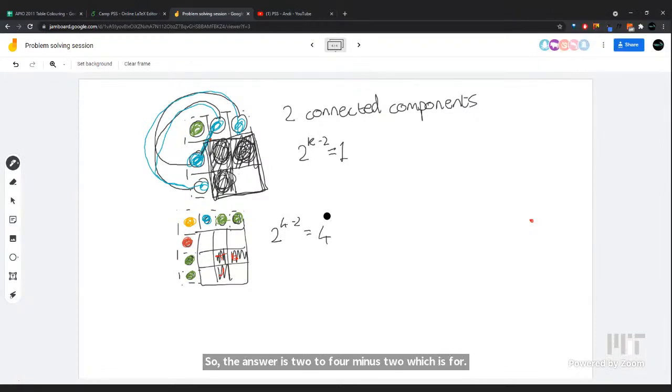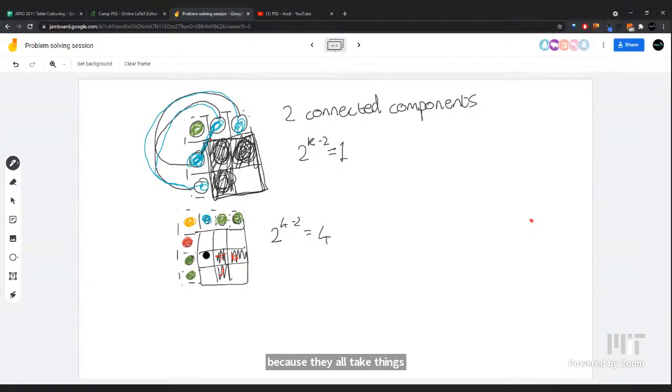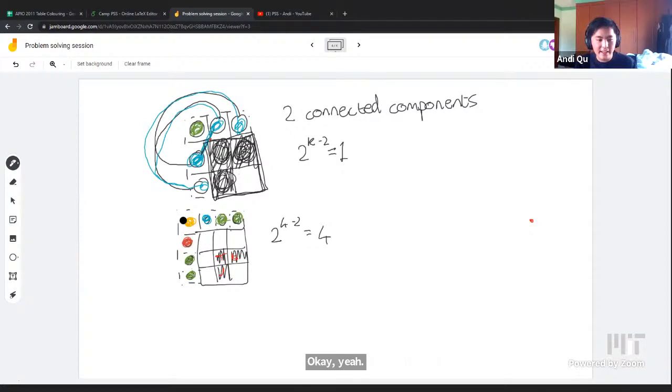Okay, so why is it 2 to the power k minus 2? Because there are k things and they're independent, right? So firstly, there are k things that are independent, so it's 2 to the k. But you also have to divide, because firstly, this corner cell doesn't really matter, because no matter what it is, it'll just flip all of these.